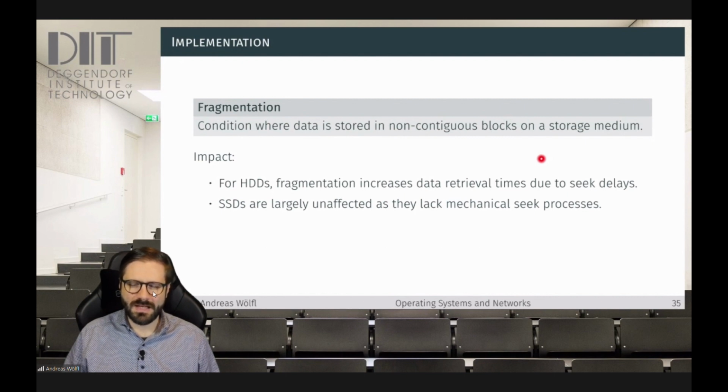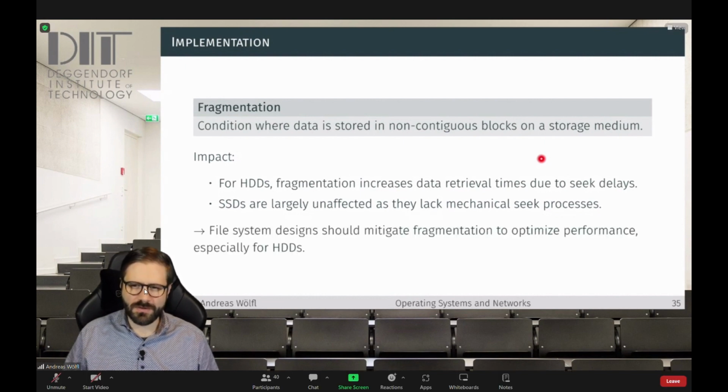SSDs are unaffected in a sense that SSDs still have a latency. So it makes a difference if we read randomly on an SSD or if we read a consecutive segment from an SSD. So the latency is way lower than for HDDs, but still it's not gone.